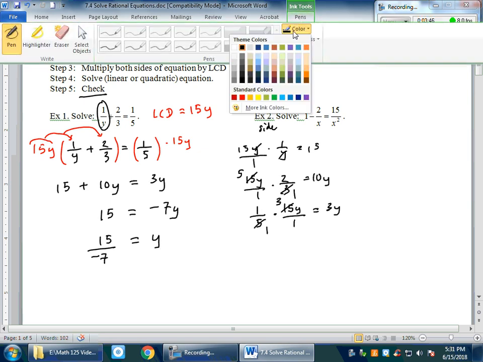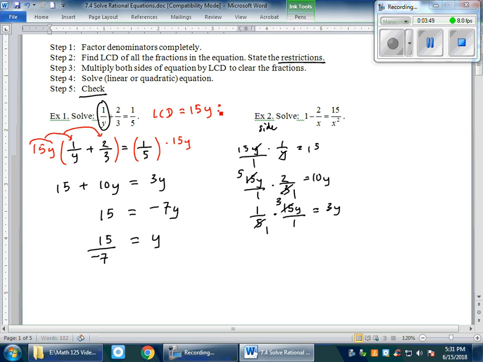That must be done right away when we find the LCD, so that we can check that the final answer we get from solving the equation is not this value 0. Since what we solved for is not part of the restriction, I can say that this is my final answer. It's always a good idea to get the restrictions once you get the LCD. So let's move on to the next example.